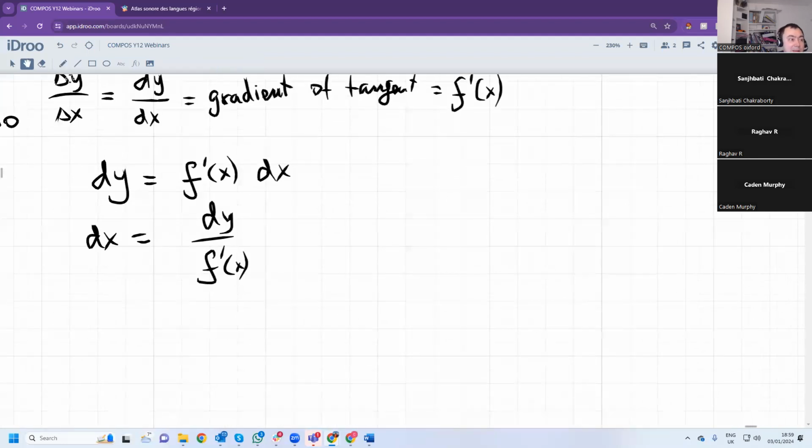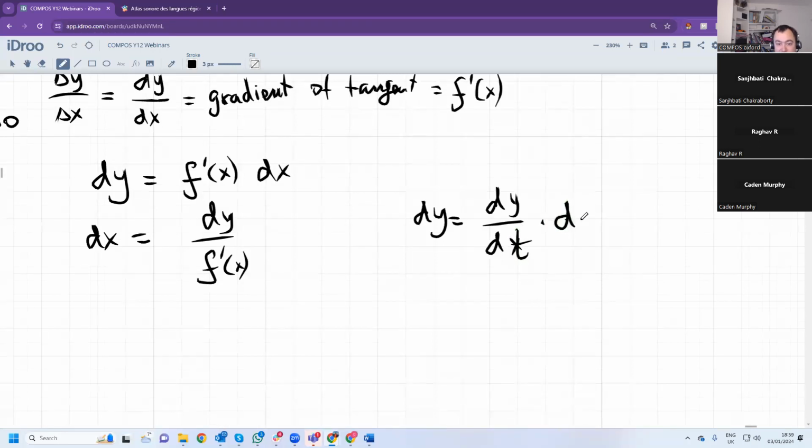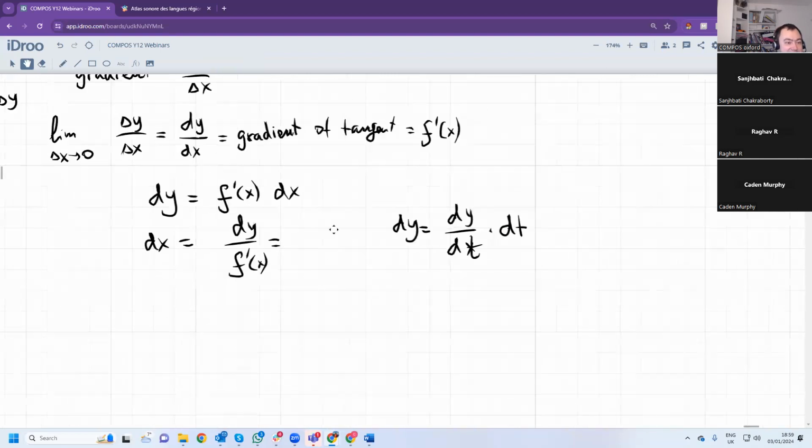You can say dy can be written as dy over dx multiplied by dx over dt multiplied by dt, and you can place that in, or you can do all sorts of things. But the fact of the matter is that you can use it as division, even though it is notation.